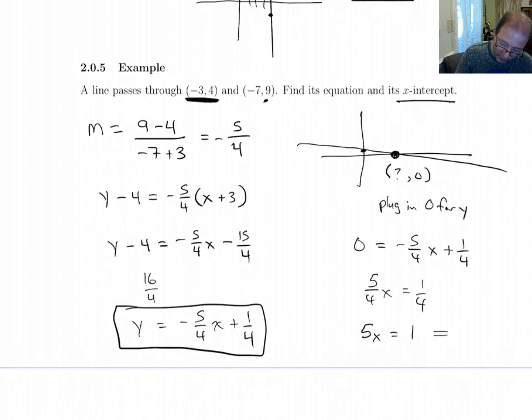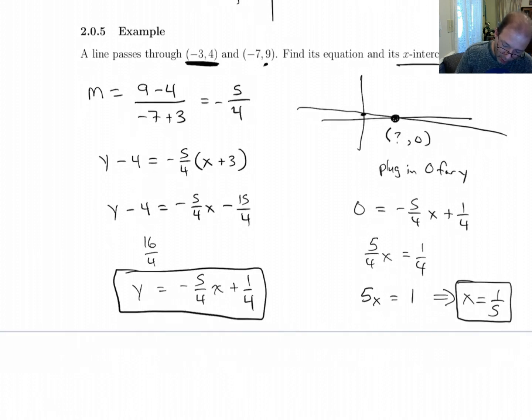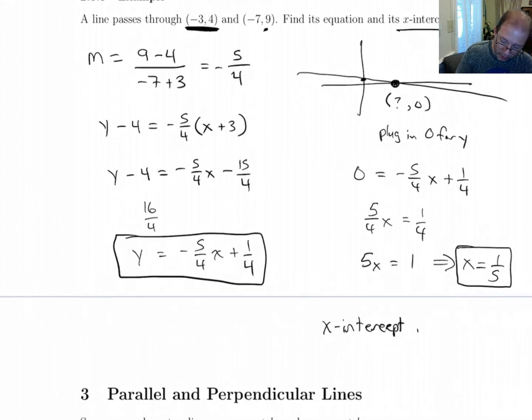So that gives me x is 1/5. So my x-intercept, I could either write it as 1/5 or we could write it as the point up here, 1/5, 0.